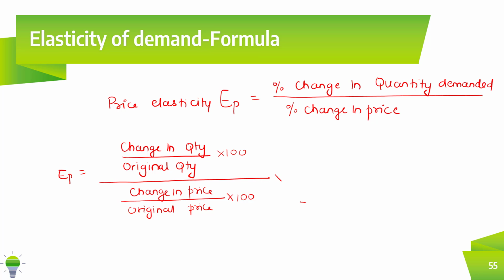So if you simplify it, it would be like this: change in quantity demanded, delta is change, delta equal to change upon quantity multiplied by price upon change in price. Please note down till here.